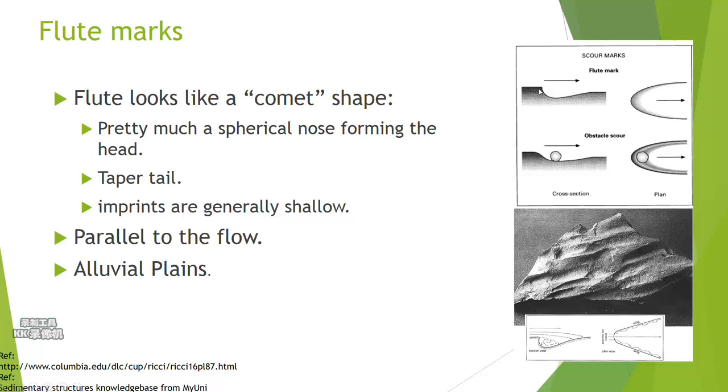So it is an excellent indicator of flow direction. Additionally, as you can see in this figure, obstacle scour has a similar process to flute marks. Based on this behavior, I would say the depositional environment is alluvial plains, such as a river.